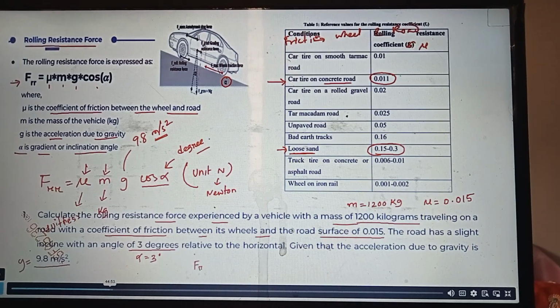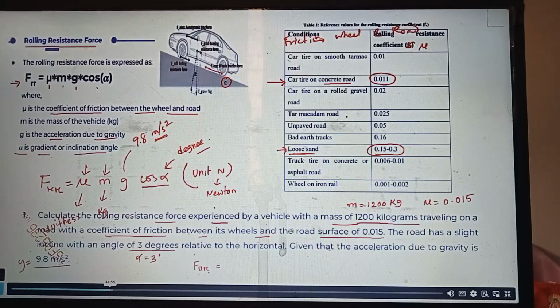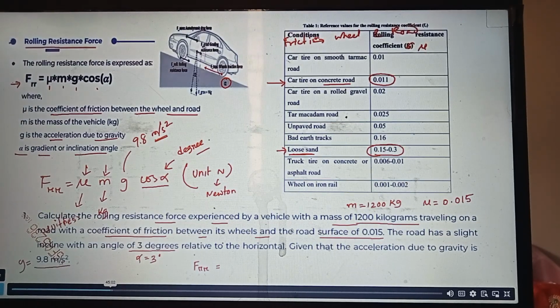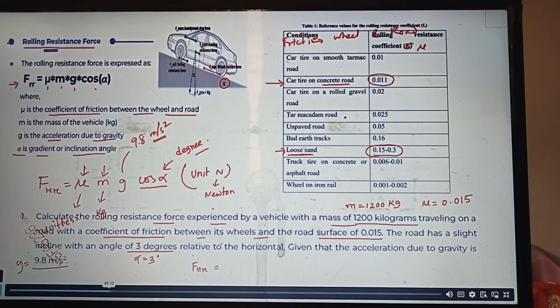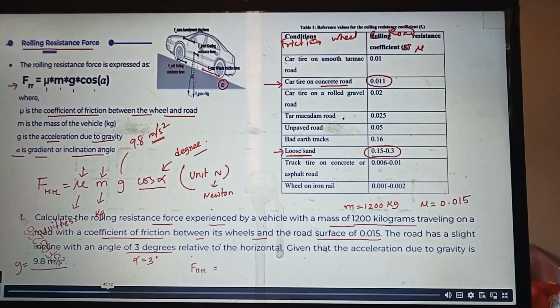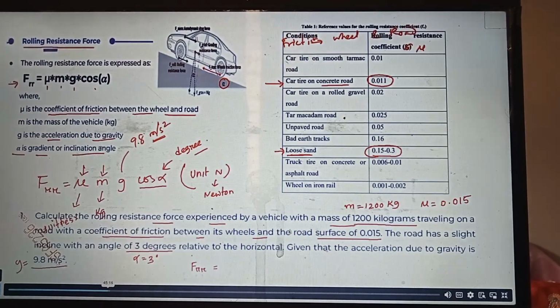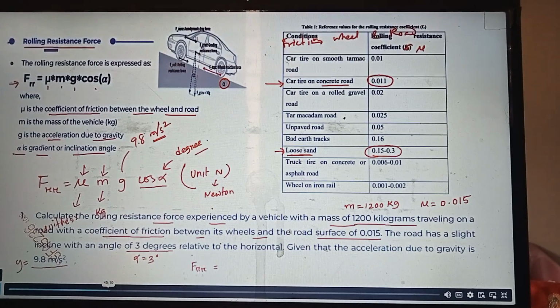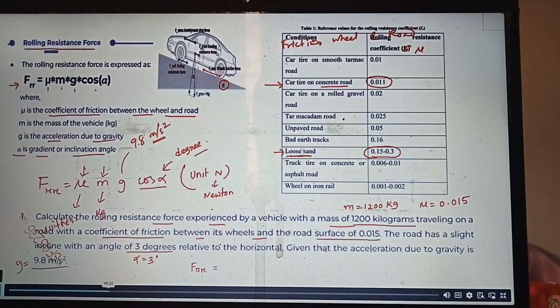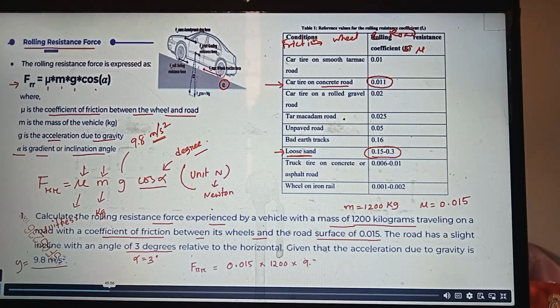Find out what is FRR. Quickly do it and type your answer in the chat box. Into G, 9.8 into cos 3 degrees.